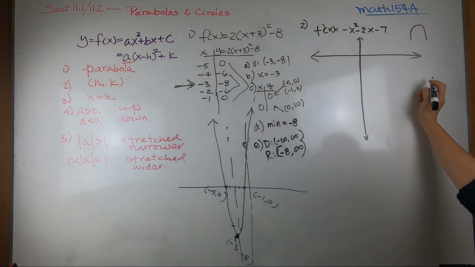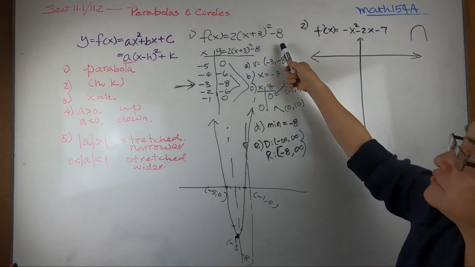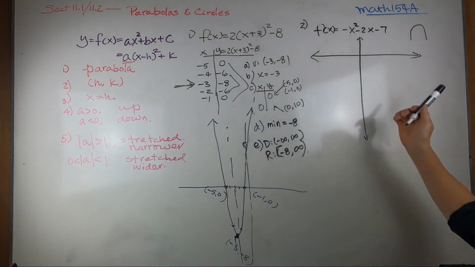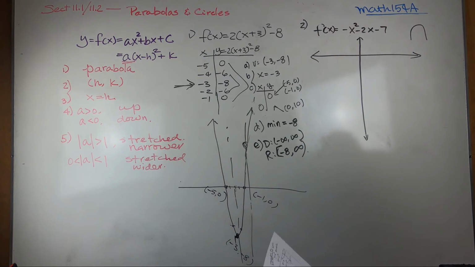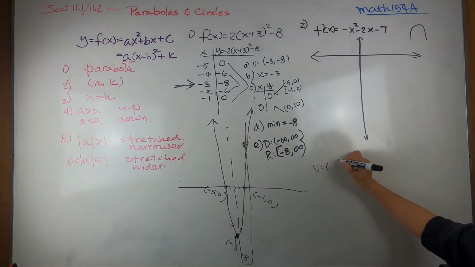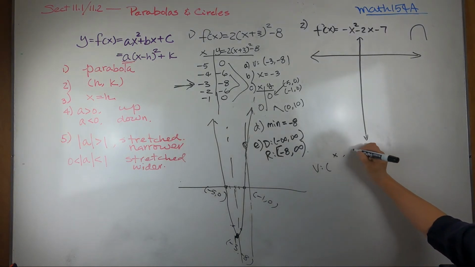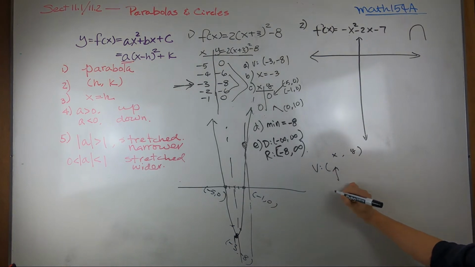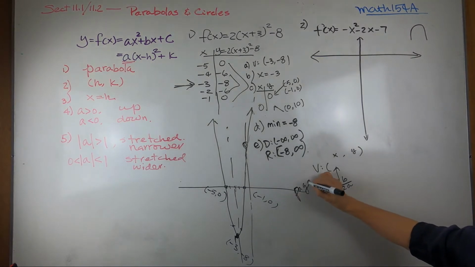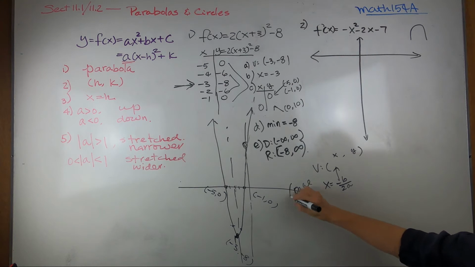But where is your vertex? You don't have a vertex form, right? Then we say you can do what? Completing the square, or you can find the vertex directly by what? This is your x, this is your y, right? How do you find your x? X is what? -b/2a. That's on your page 21, I think.